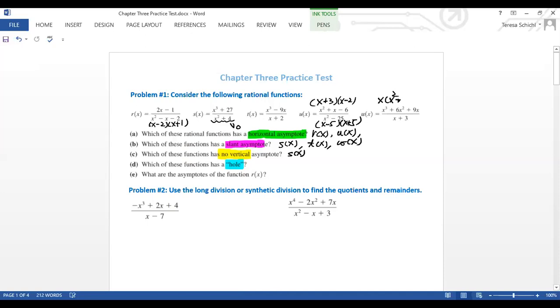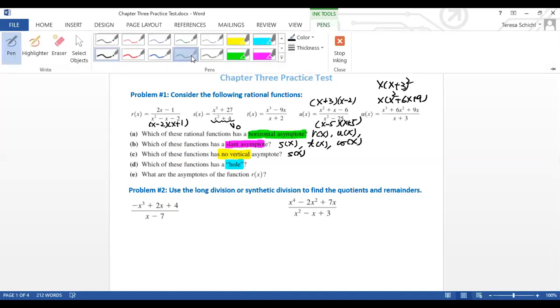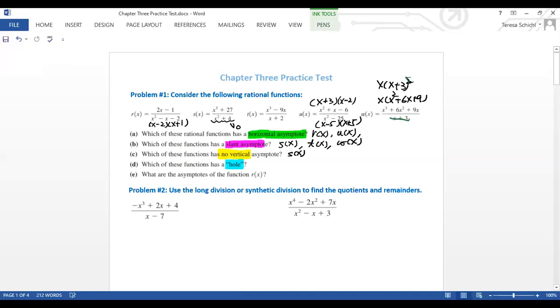This is x squared plus 6x plus 9, which factors to (x plus 3) squared. Oh, I have x plus 3 on the bottom, so I can cancel one. So this one has a hole. Which one has a hole? It is W(x).